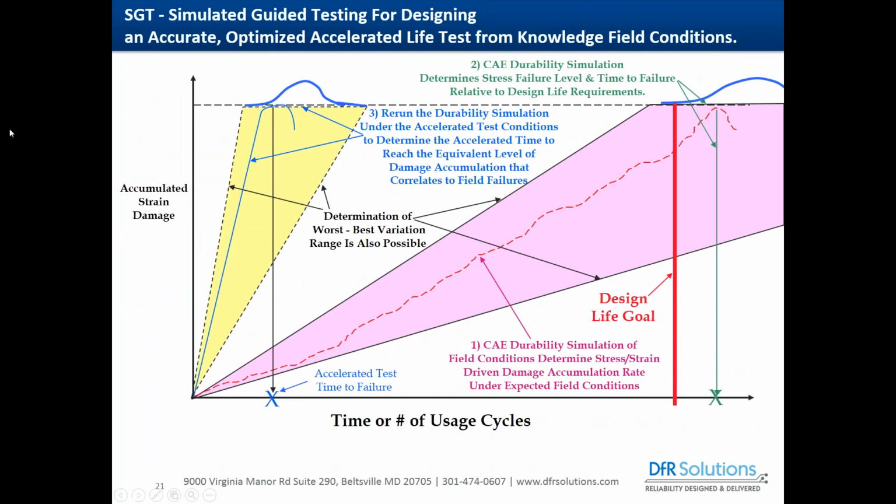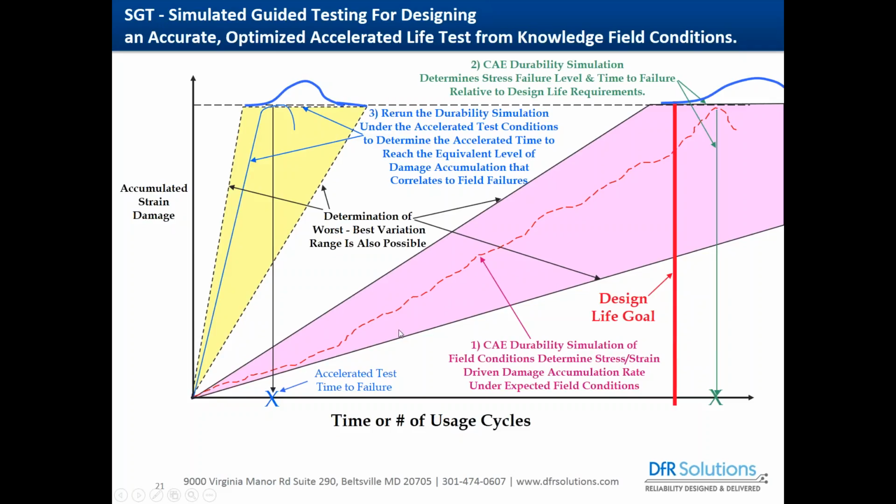So to illustrate this, the simulation guided testing process is for designing an accurate and optimized accelerated life test from knowledge of field conditions. What we do here, as I just explained, is number one, we create the durability model of your electronic device in the Sherlock environment, and then we define what the field stress conditions and durations and exposure rates are.